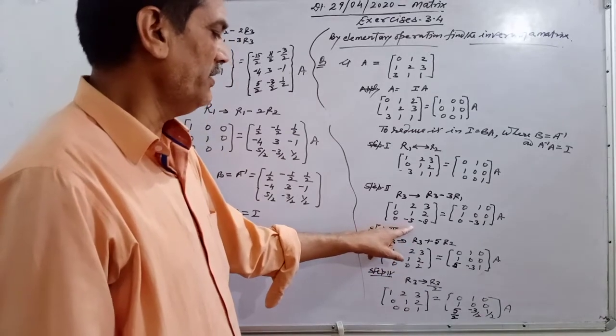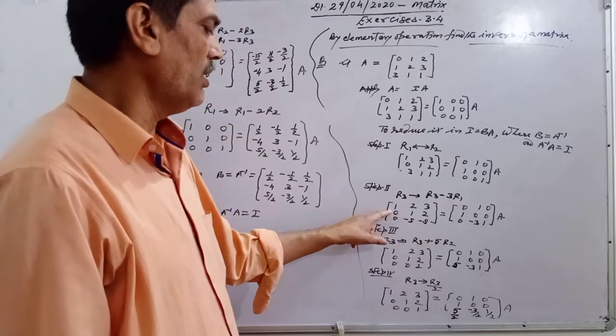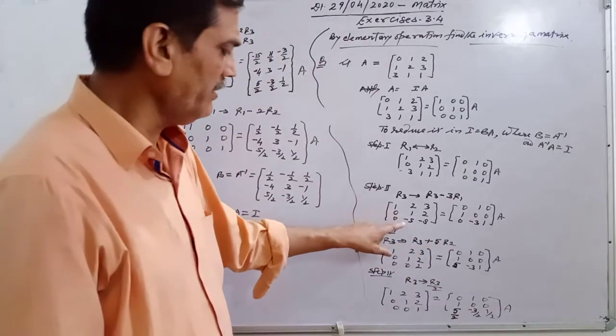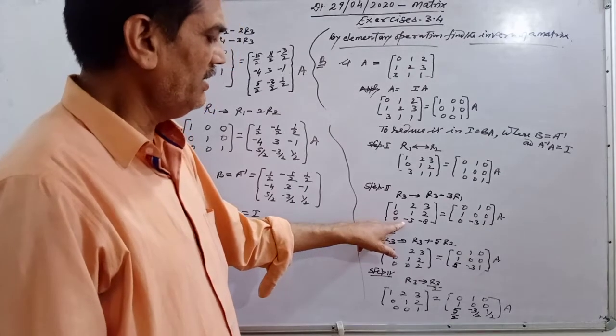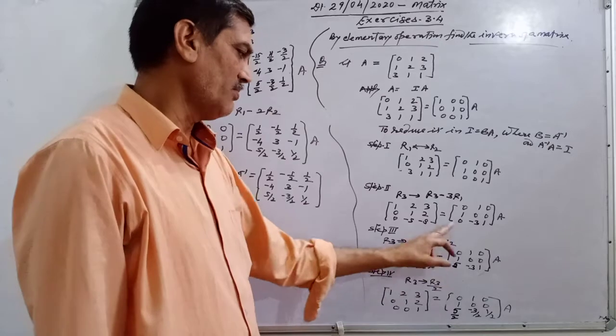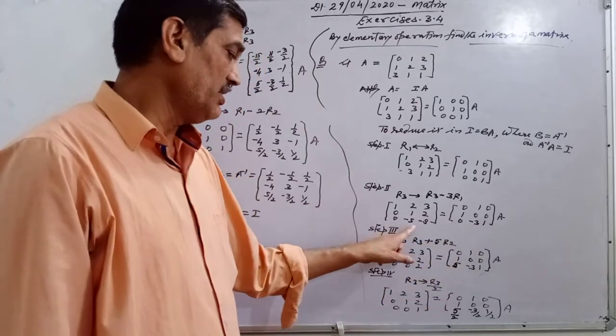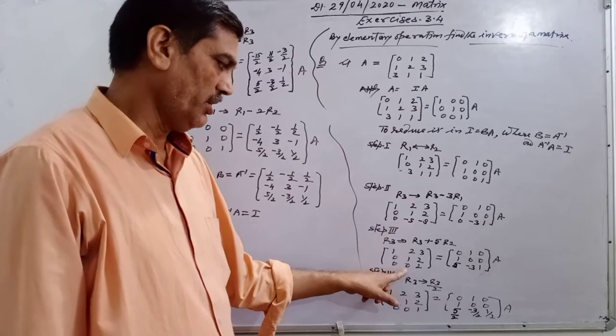In R3 adding 5 times R2, in R2 multiplying by 5, then adding with R3. So you will get this step on both the sides. In this way this element becomes 0 here.